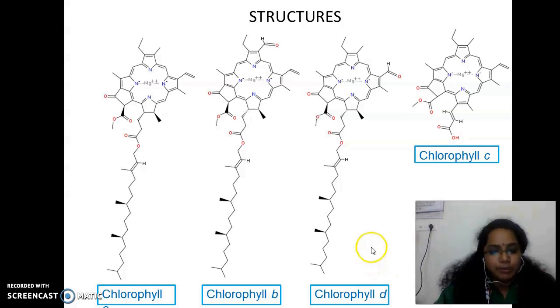Chlorophyll D differs from chlorophyll A in that the ethyl group is replaced by a CHO group on the 2nd carbon atom in the 1st pyrrole ring. This is the only difference between chlorophyll A and chlorophyll D.